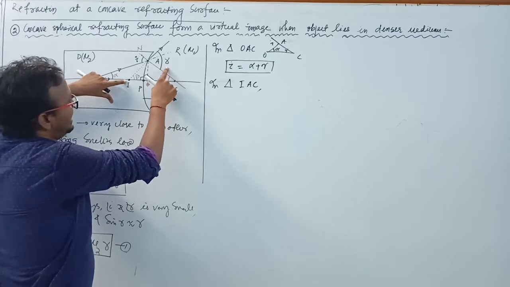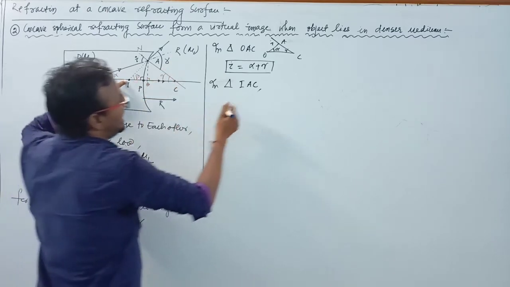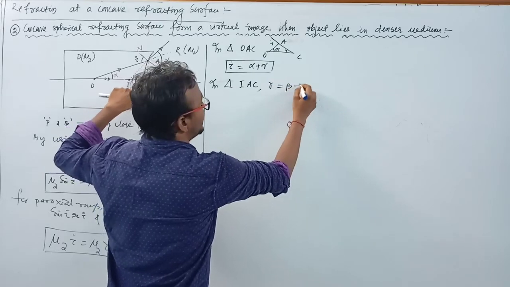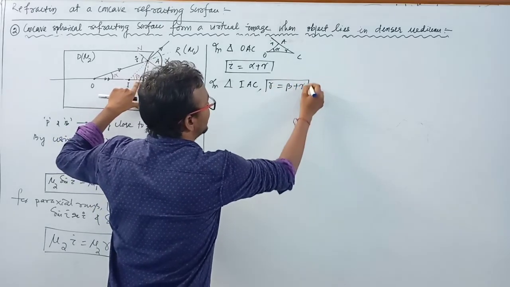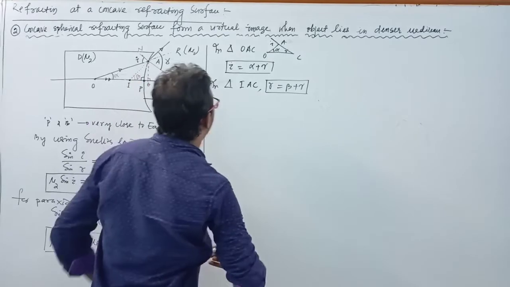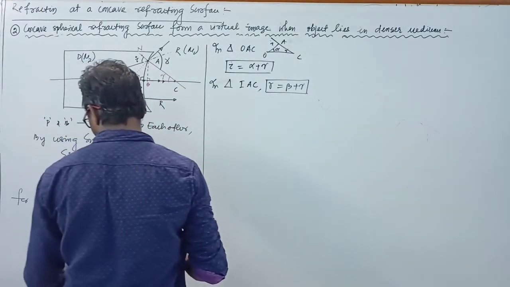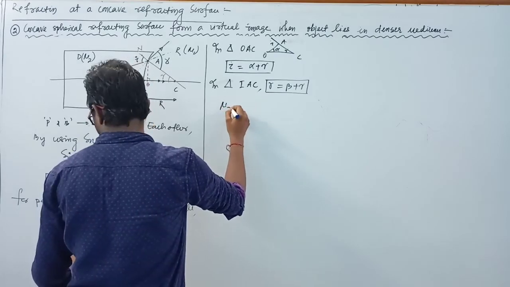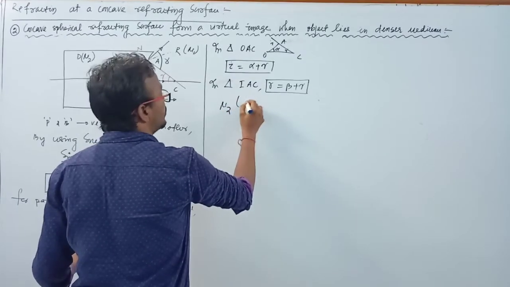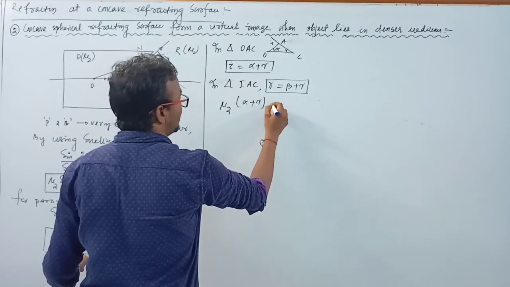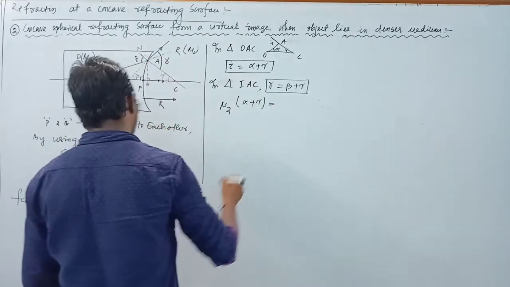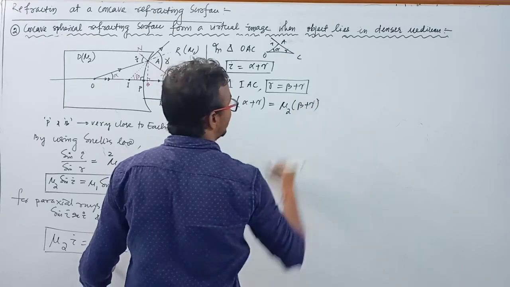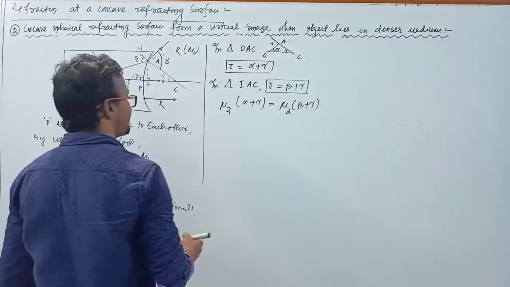R is the sum of the two interior angles, so R equals beta plus gamma. Now using the values of incidence and refraction in equation 1, it can be written as mu1 into alpha plus gamma, which is equal to mu2 into beta plus gamma.